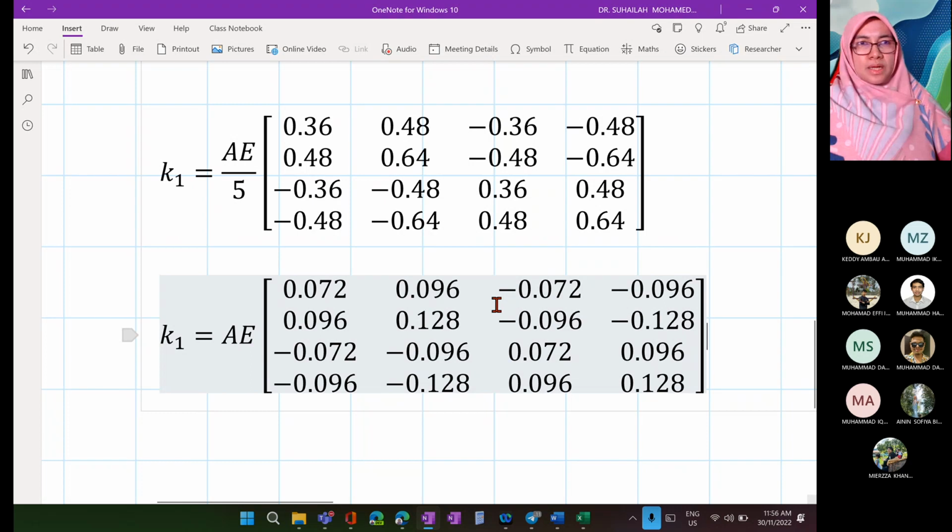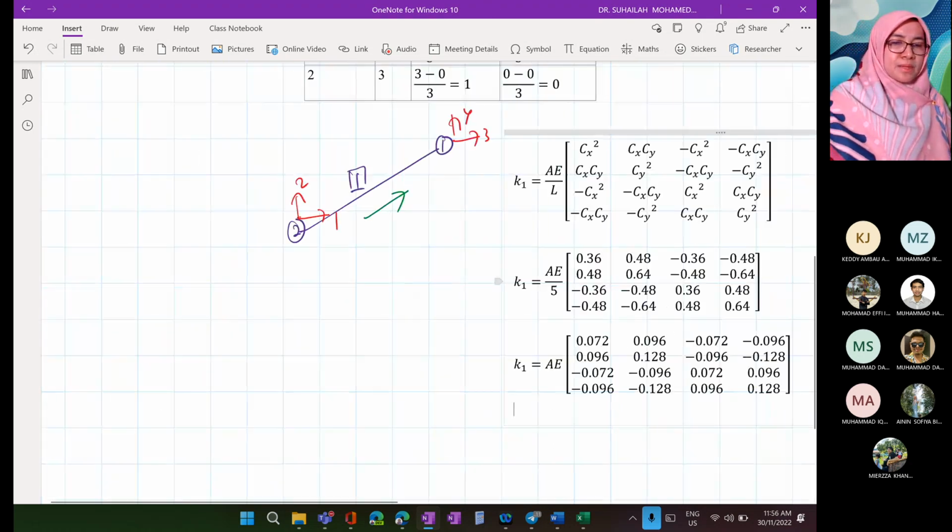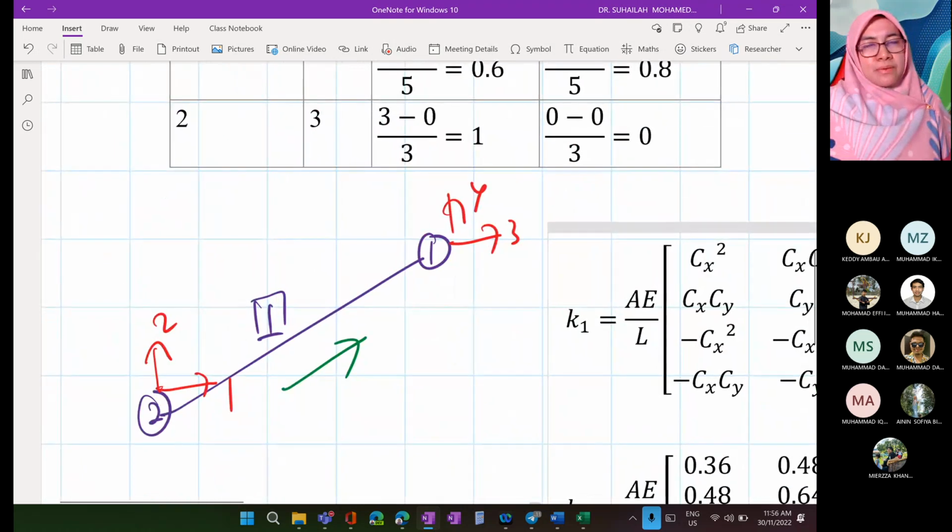Okay, so this is the element stiffness matrix for element number 1 or member number 1 in terms of AE. However, what is most important is we have to label the degrees of freedom according to near and far end condition. We label starting from near to far: near xy, far xy.